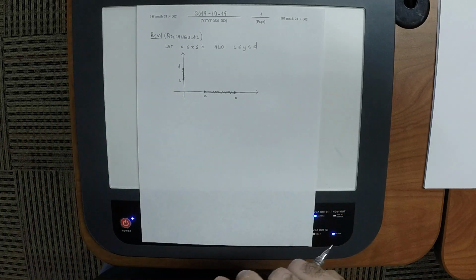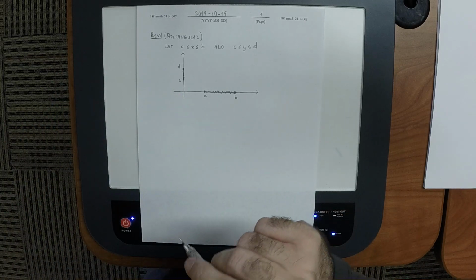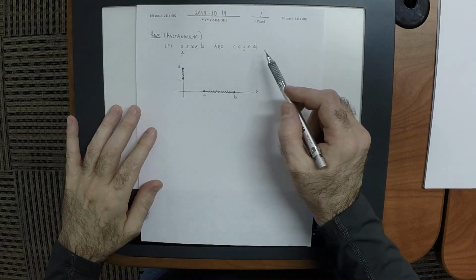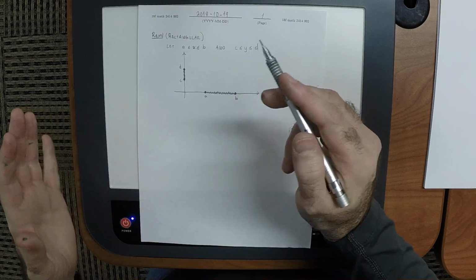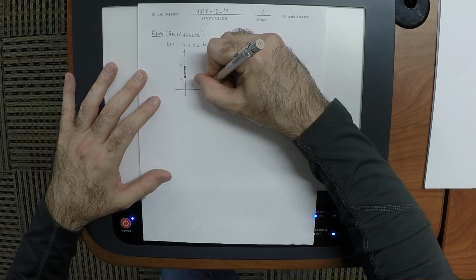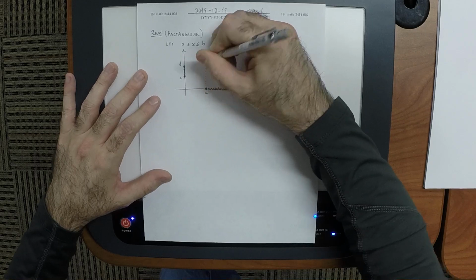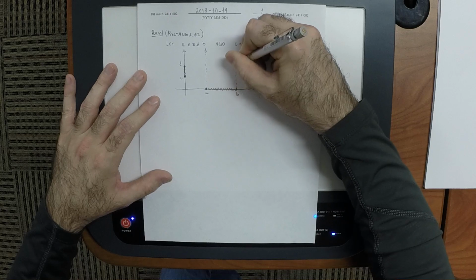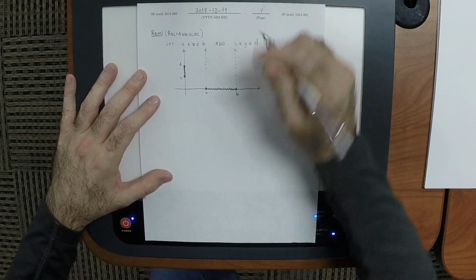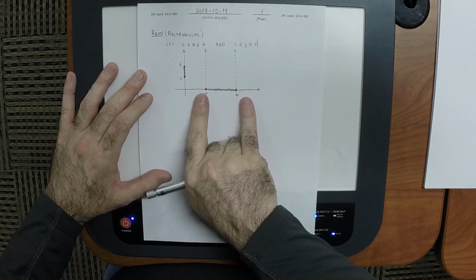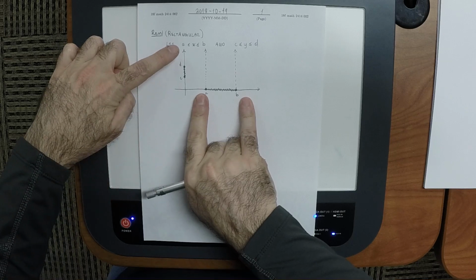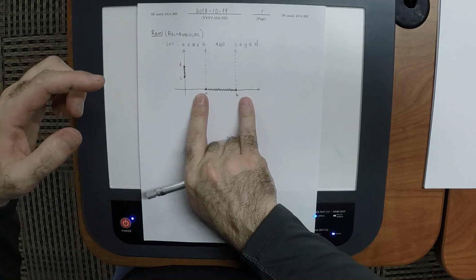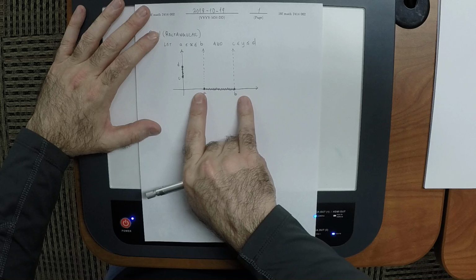But then if I wanted to know on the plane, what are all the points x, y that satisfy both of those conditions? In the end, everything between these lines satisfies the first condition, right? And then I could make two more lines.